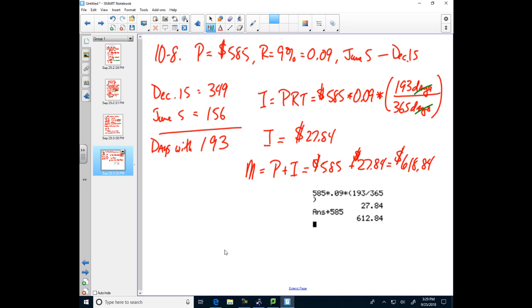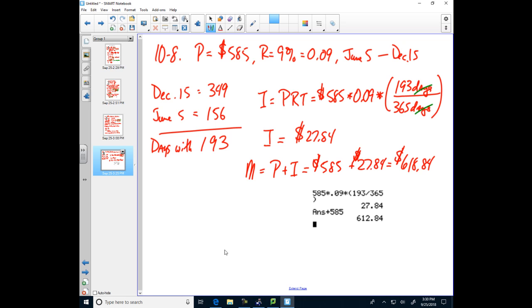So when you're reading these problems, pay attention to whether it says ordinary interest or exact interest. I prefer exact myself, but for some reason, like every problem you look at says ordinary. The other thing is make sure you get your time right. We worked a problem there that was in months. We also worked a couple problems in days.